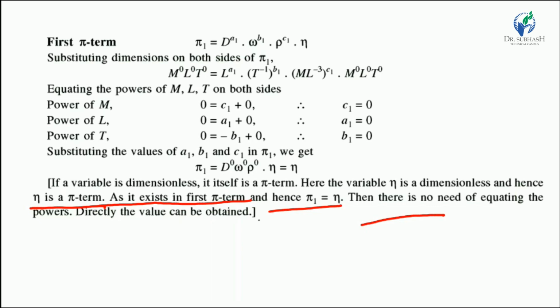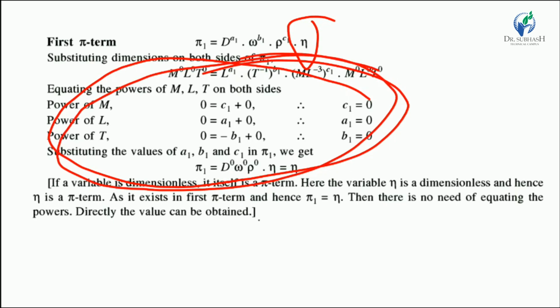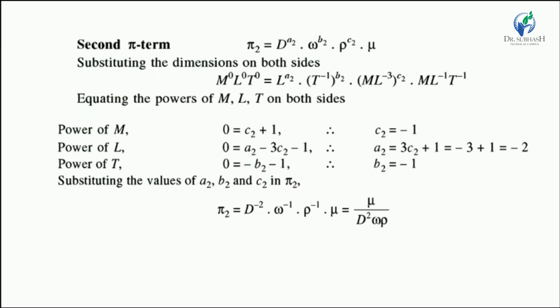There is no need to equate the powers, and the value can be obtained directly. We can write pi1 equal to efficiency if the non-repeating variable is dimensionless. We do not have to follow the procedure; we directly write it.